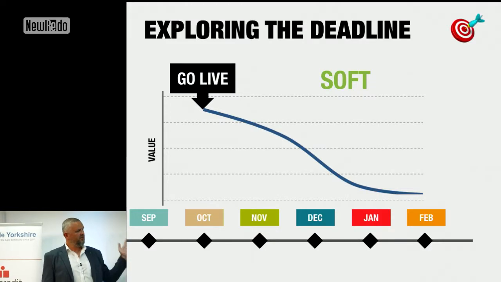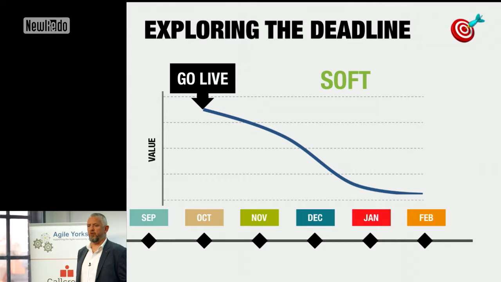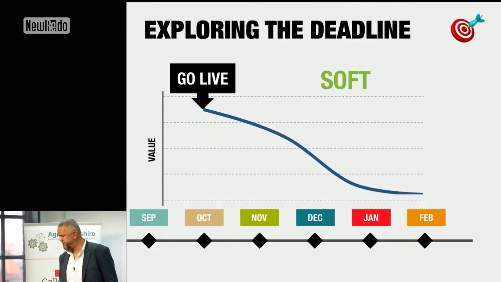A lot of the dot-coms I've worked for associate a loss or a potential loss. They'll say for every week we go past, we've missed the opportunity by, say, 10,000 quid a week, or some sort of figure. So they'll calculate that and pull that together. Ultimately, these sorts of soft deadlines are very, very common, and we've all probably experienced that, okay?